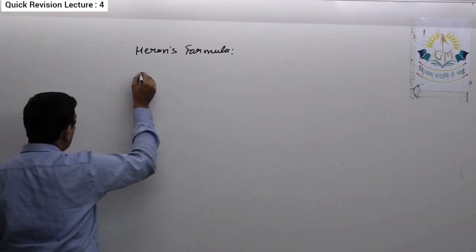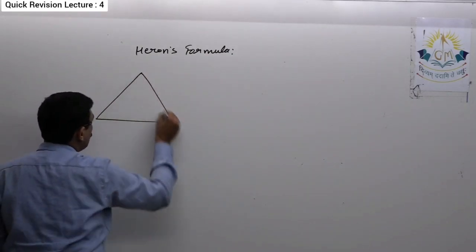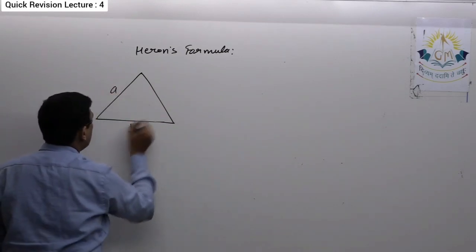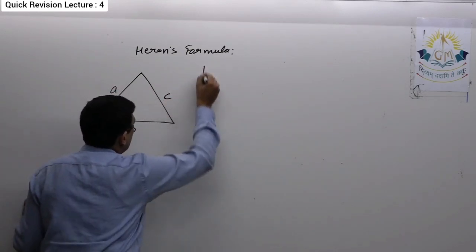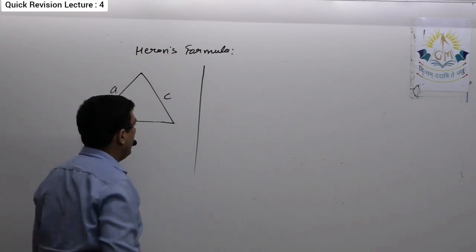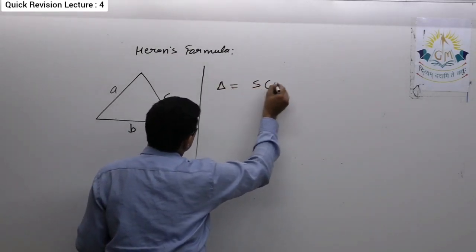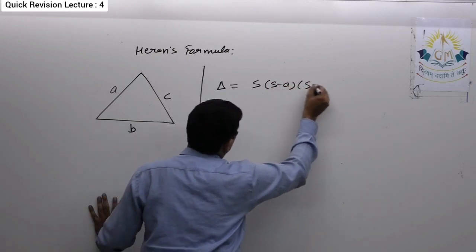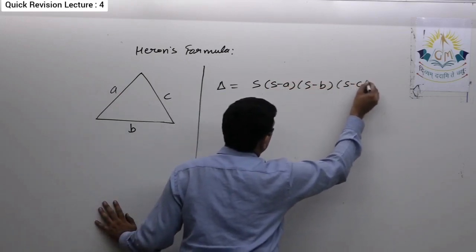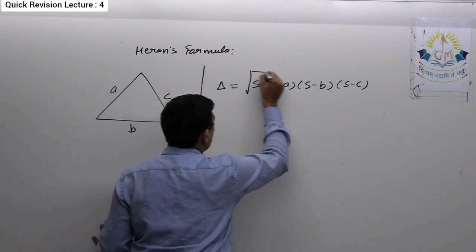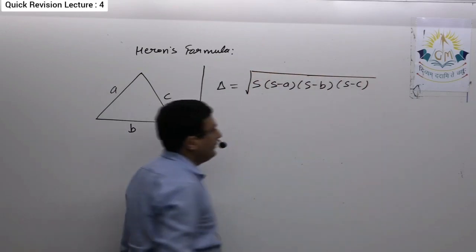So suppose we have a triangle and its sides are given, then the formula to find the area is root over s minus a, s minus b, s minus c.